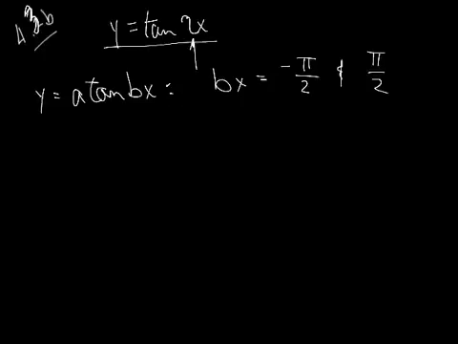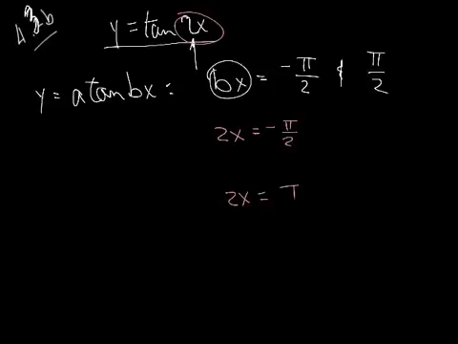So what is bx? Well, bx is 2x. So 2x equals negative pi over 2 and 2x equals positive pi over 2. I'll show you why we're doing that in just a sec.